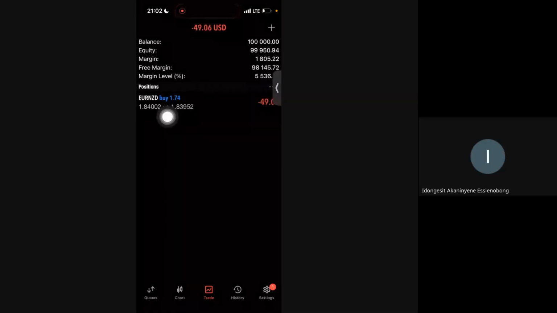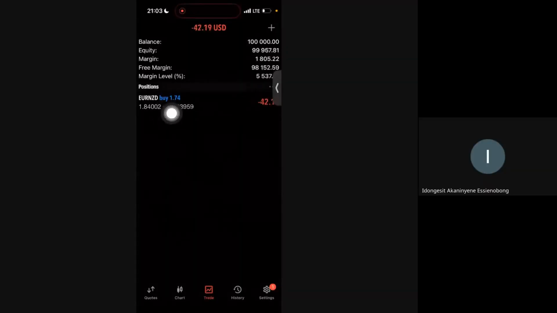If we do not have leverage for this account, like this account is zero leverage, for us to be able to place a position with 1.74 lot size, our account balance has to be over $174,000 to be able to place this trade.